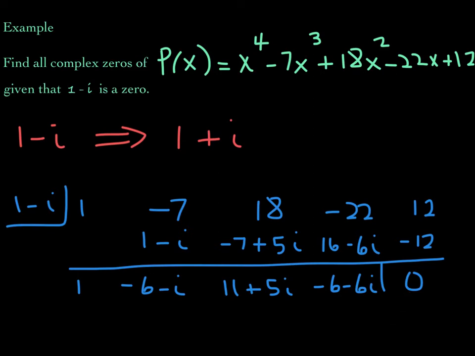What I'm going to do now is go through this process again, but I'm going to use this zero now, 1 plus i, and I'll be using these coefficients. Now remember, these are the coefficients of a cubic polynomial because you started out with something degree 4, so now this is degree 3. Okay, so I'm going to set this up.